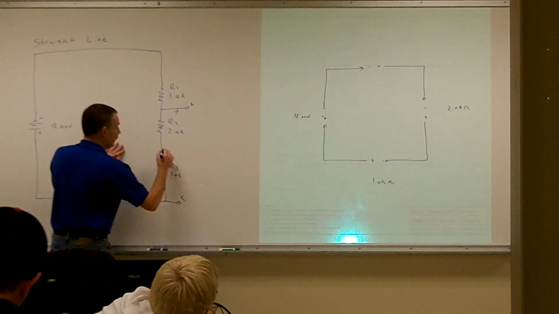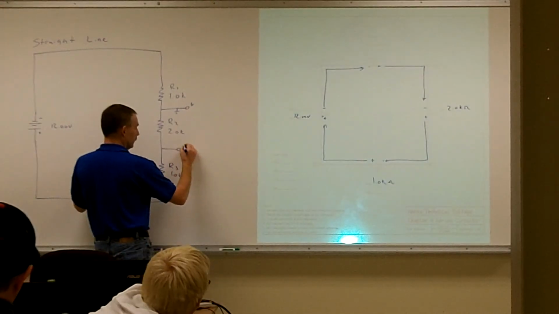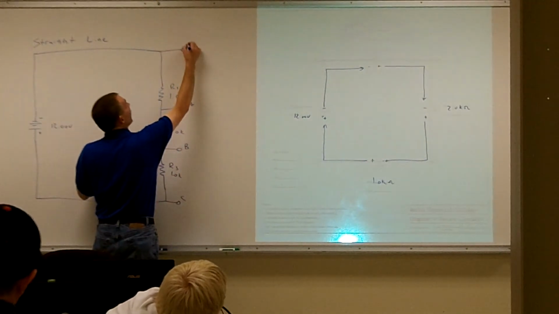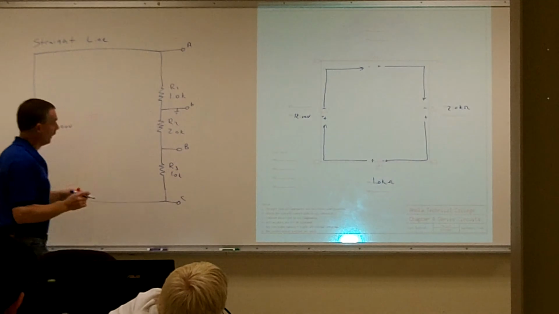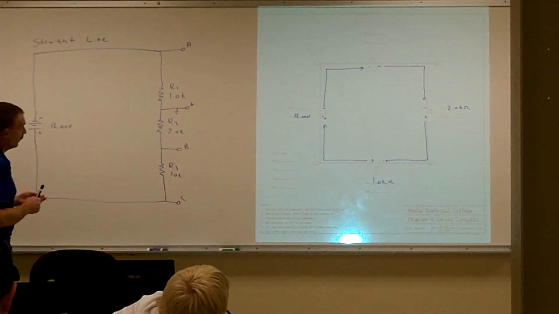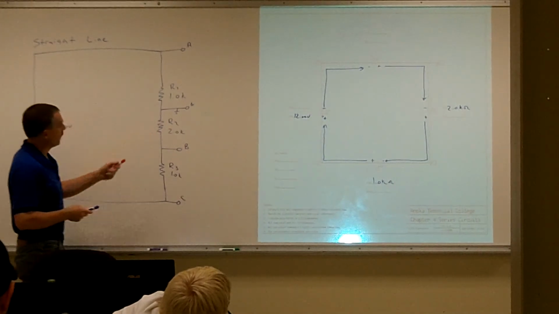C. This test point is going to be B. And this one is A. All right, so now even before we start using our voltage divider formula, what do we know about R2?